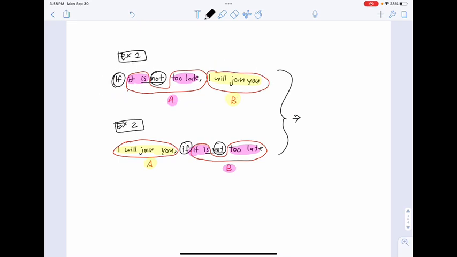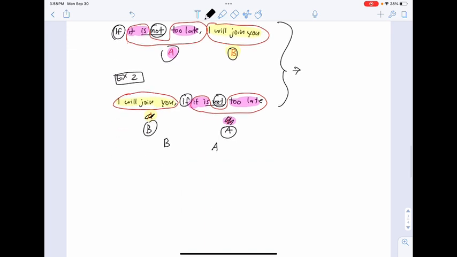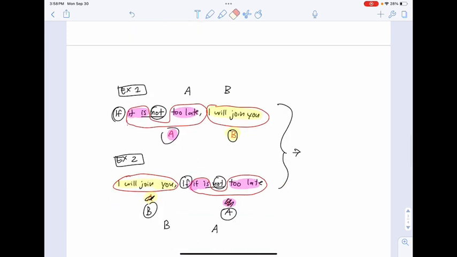For example, number 1, let me just rewrite this to be consistent. Yeah, so for now, in both of these, it is not too late is A, and I will join you is B. Even though in this one A was first and B is last, and in this one B is first and A is last, we ended up with, what did we end up with?